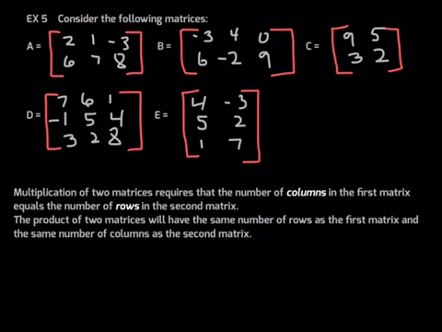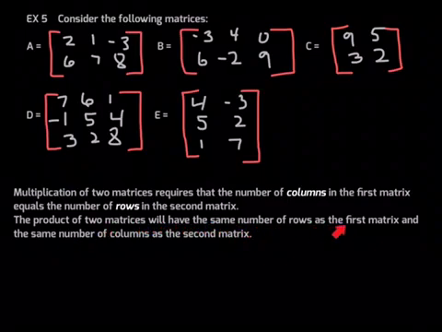Now, the product of 2 matrices will have the same number of rows as the first matrix and the same number of columns as the second matrix. All right? I'll give you an example before we actually look at multiplying some of these matrices that were given in this problem. Let's say you have matrix, let me not use any of the letters that were chosen above. How about matrix H and matrix M, okay?